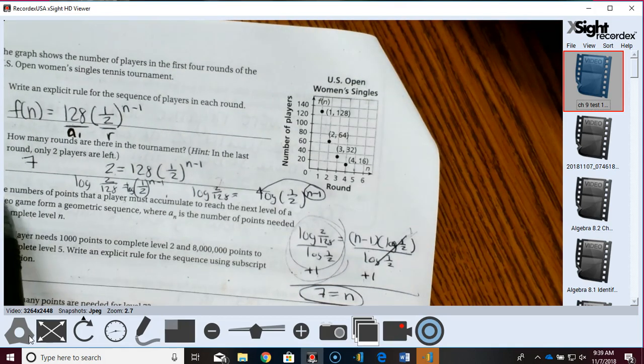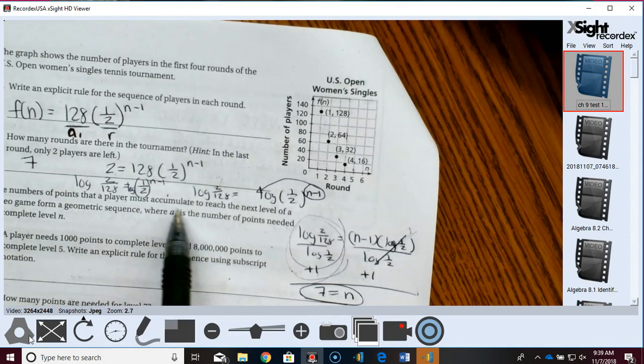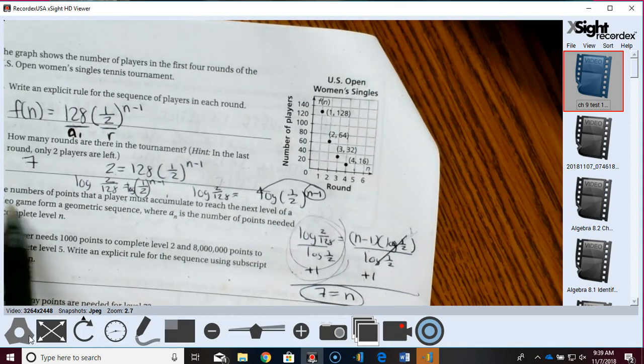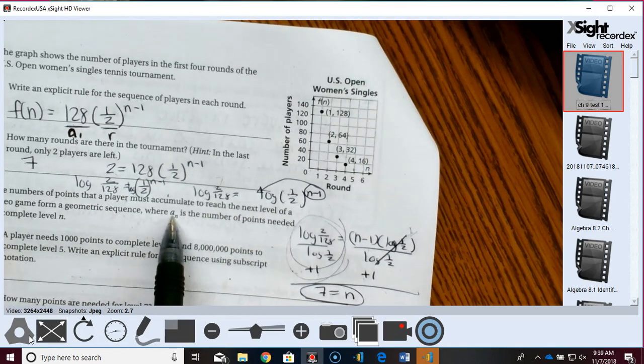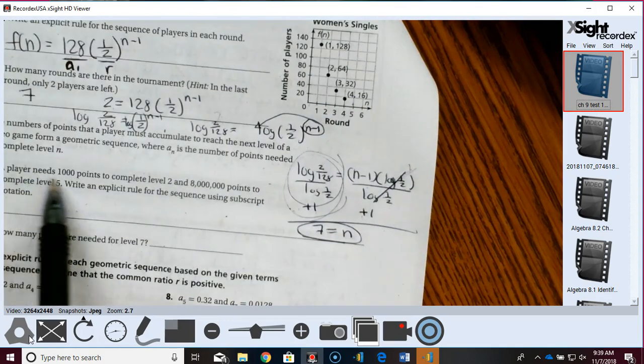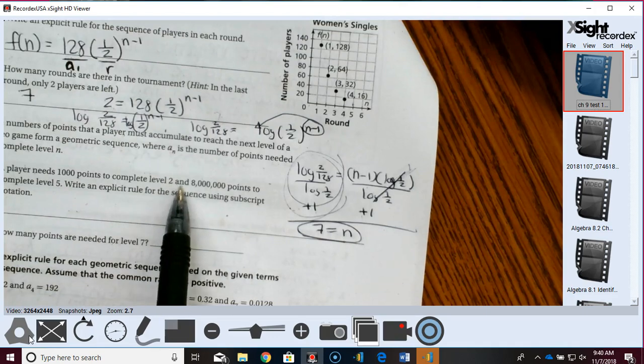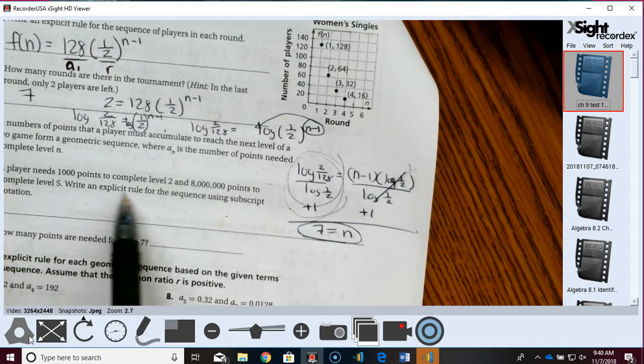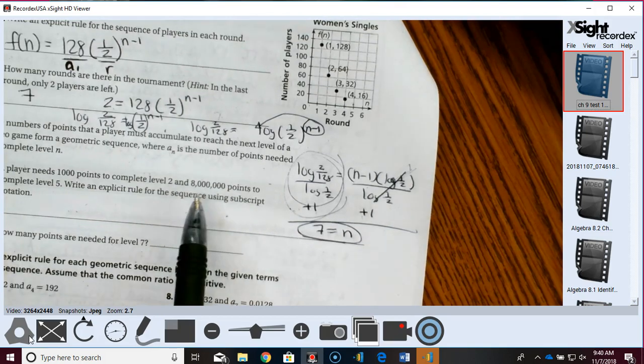The number of points that a player must accumulate to reach the next level of a video game form a geometric sequence where a sub n is the number of points needed to complete level n. A player needs 1,000 points to complete level 2 and 8 million points to complete level 5. Write an explicit rule for the sequence using subscript notation. Okay.